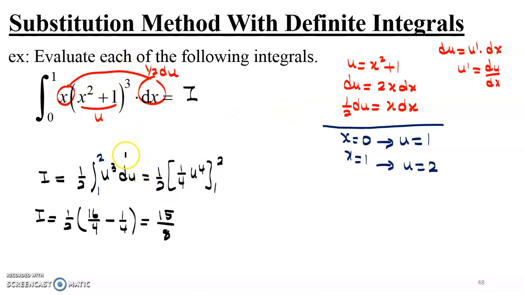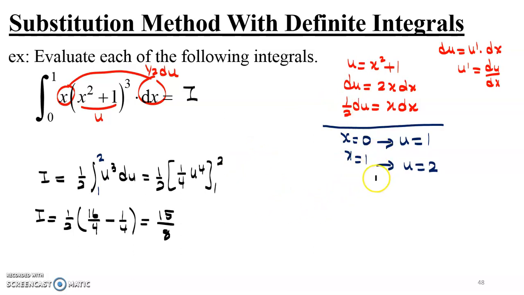However, when you're working with definite integrals, you don't really have to go back to the expression of the antiderivative in terms of x if you've already changed the bounds and found the bounds that correspond to the variable u. And that is because you've already evaluated u at x equals 0 and at x equals 1.